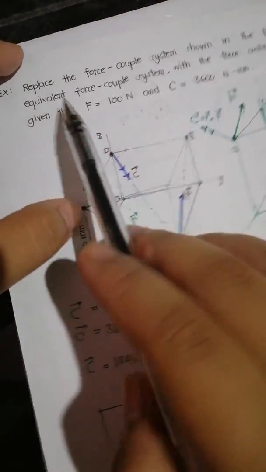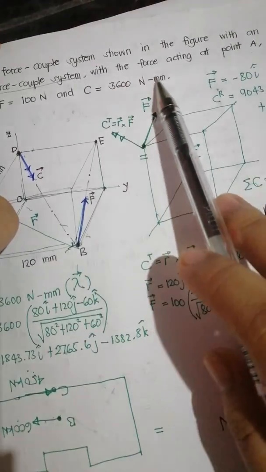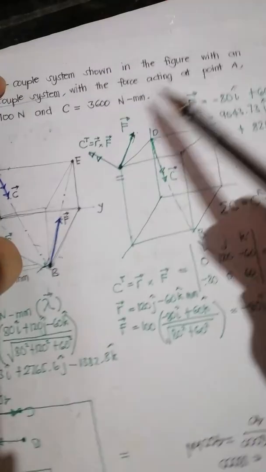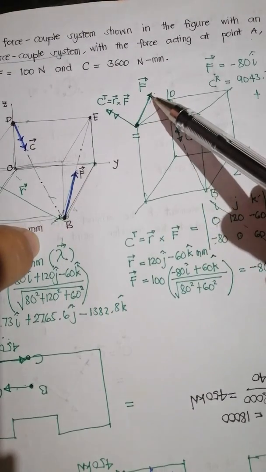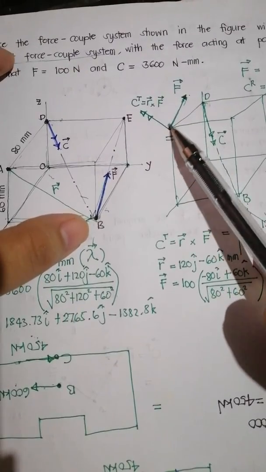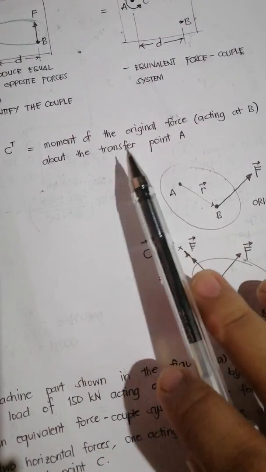Now we have to replace it with an equivalent force couple system wherein this force vector F acting at point B is transferred to point A. With that transfer, whenever we transfer force vectors from one point to the other, changing the line of action, there is always a couple of transfer. And always remember that the couple of transfer is the moment of the original force about the transfer point.